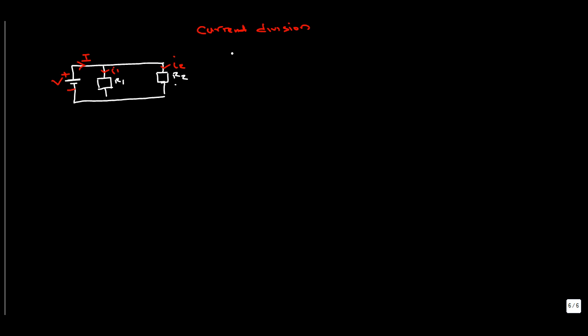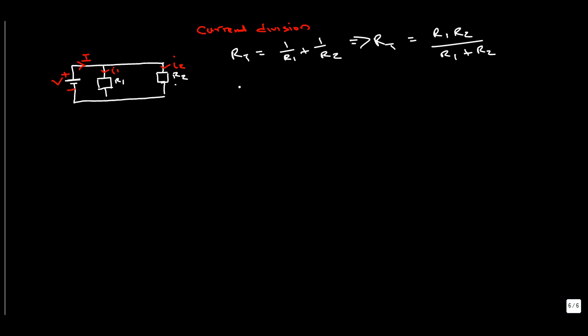So we know that RT is 1 over R1 plus 1 over R2, and since you have two resistors in parallel you can use the product over sum, so RT is R1 times R2 over R1 plus R2.